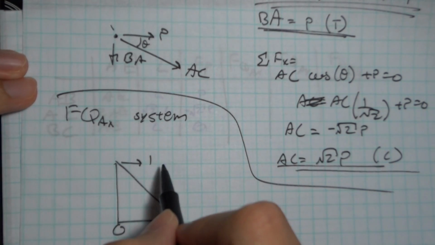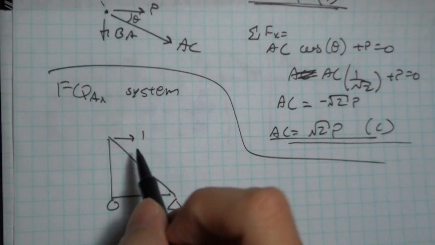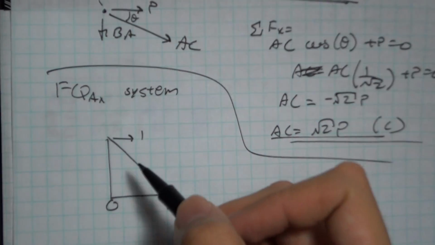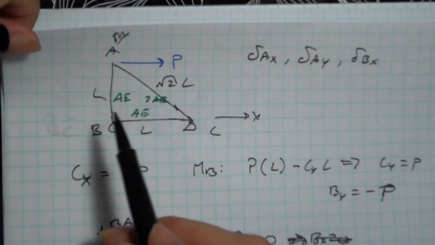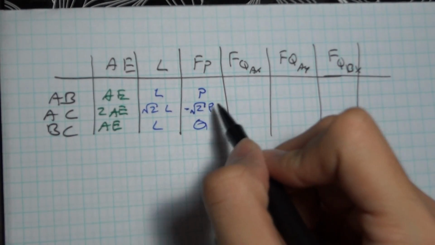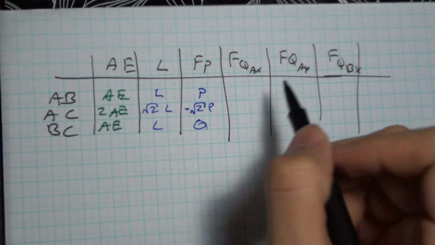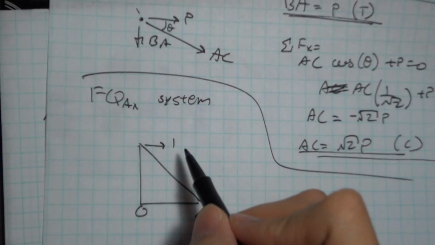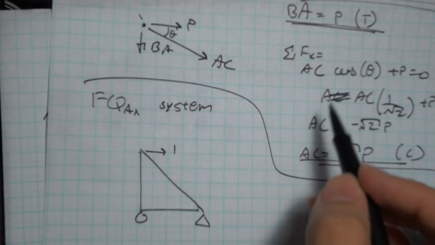Do you guys agree that this diagram is exactly the same as this diagram? I'm going to get the exact same values in this column as I did in this column, except my P will be 1, right? Like if I replace this with P, I would get exactly the same values.